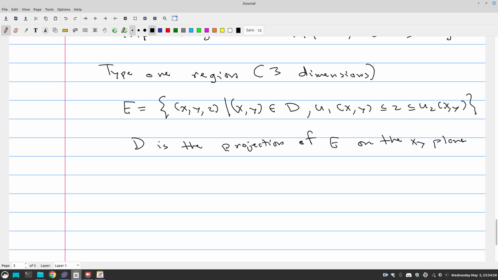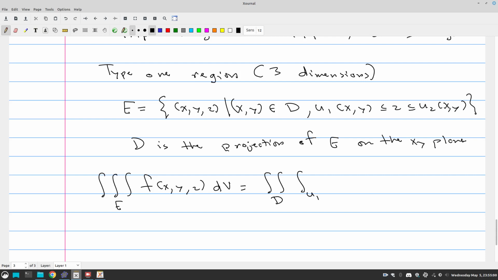So our integration over E of f(x, y, z) dV is going to be equal to, the first thing you need to do is the z integration, right?